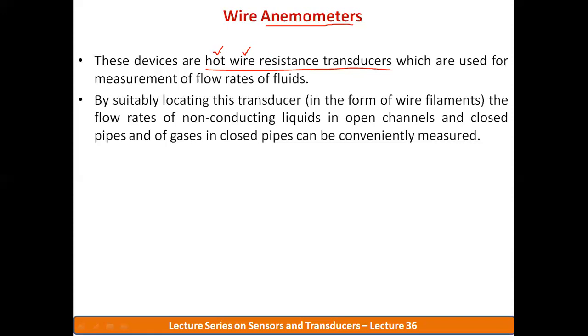As the fluid or gas flows through this sensing element, its temperature is going to reduce. As a result, when the temperature of the sensing element varies, it is going to vary the resistance of the sensing element, correct?